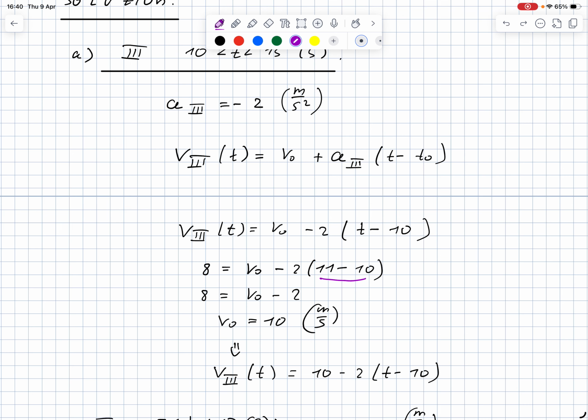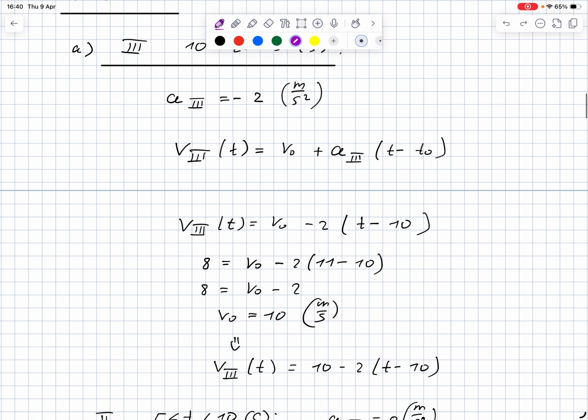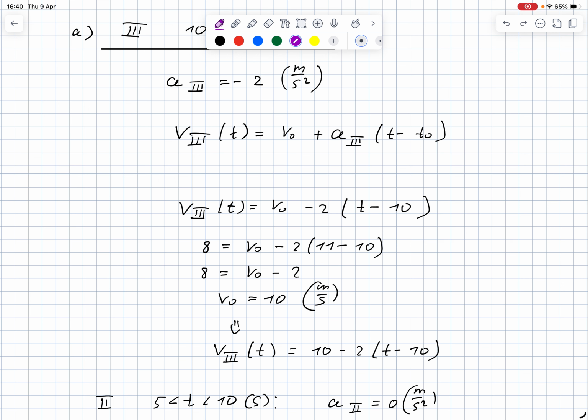Now eventually we get that the initial velocity of this object when t equals 10 seconds is 10 meters per second. And finally, we can see this final expression for the velocity in the third interval of time. I'm saying that this function lives in the third interval of time between 10 and 15 seconds.